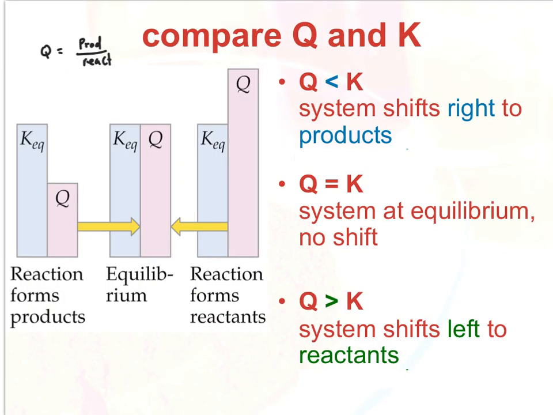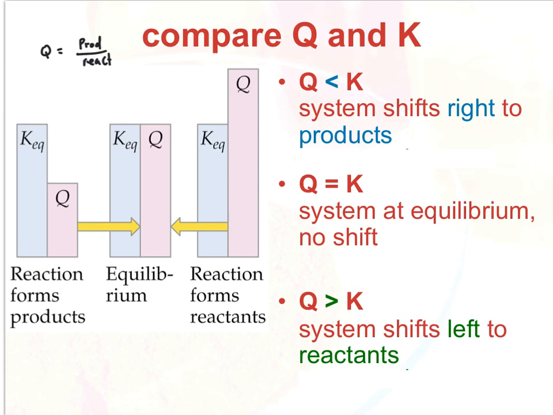When we compare our Q and K values, depending on how they relate, that's going to dictate whether our reaction needs to shift towards products, shift towards reactants, or remain the same. If we look at the first example where Q is less than K, the initial concentration of our reactants is much larger than it needs to be to be at equilibrium.